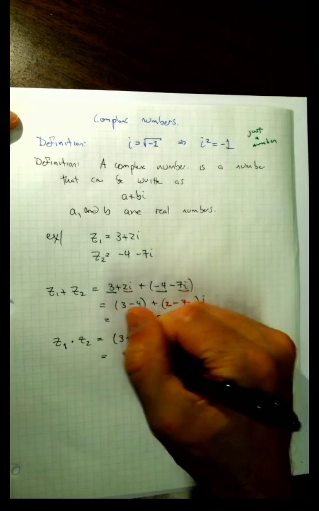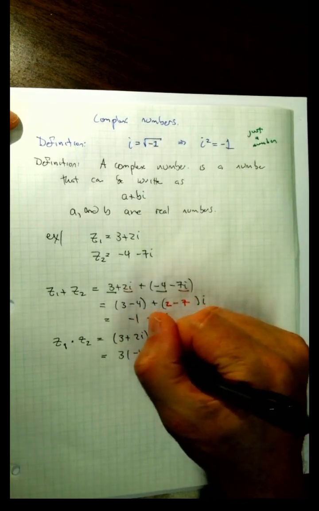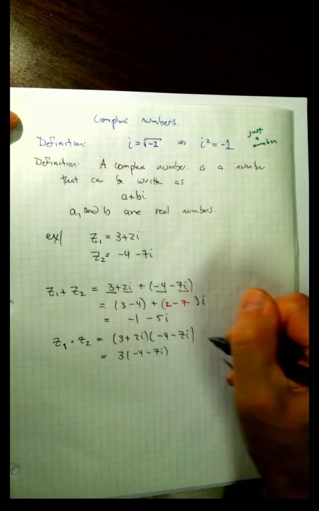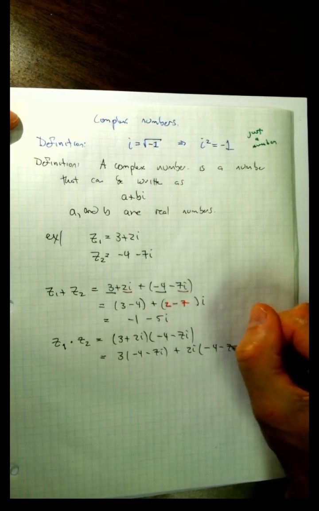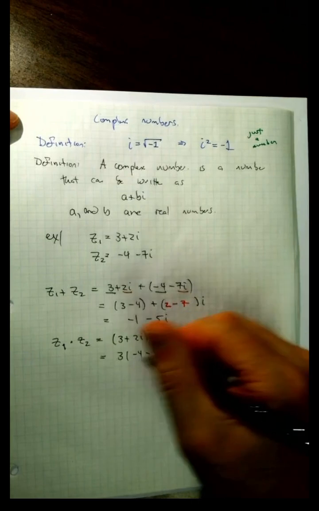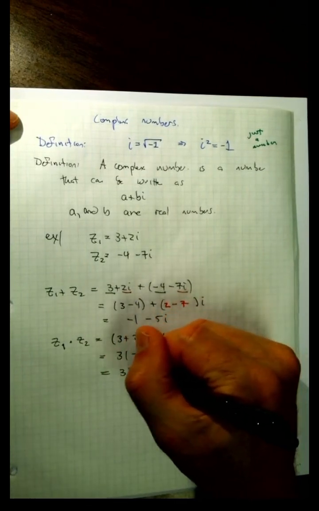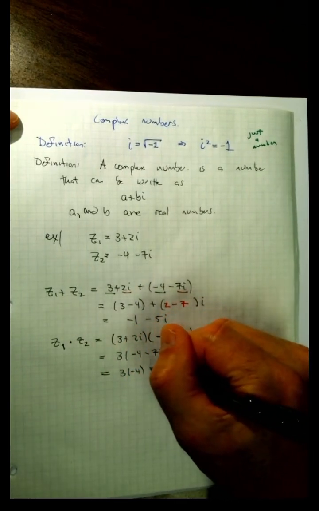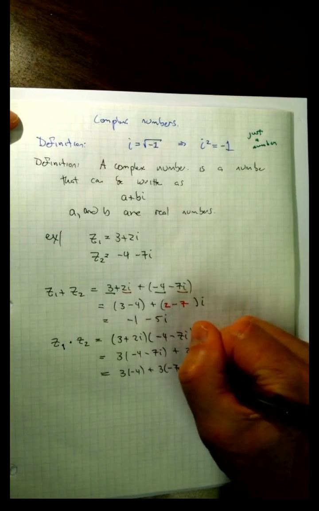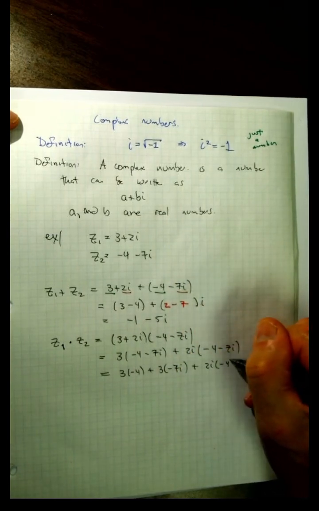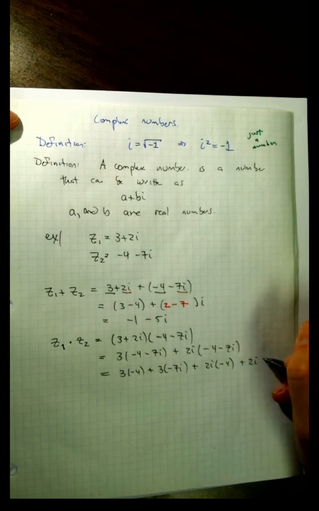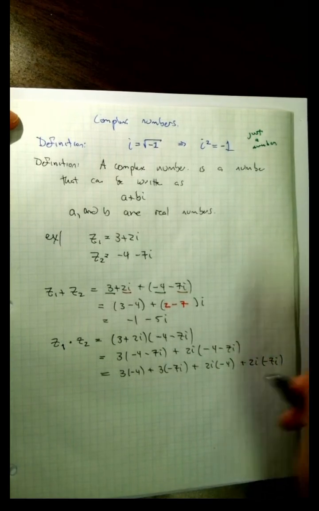Let's take 3 times this thing plus 2i times this thing on the right. And now I can multiply those out. So I've got 3 times minus 4 plus 3 times minus 7i plus 2i times minus 4 plus 2i times minus 7i.